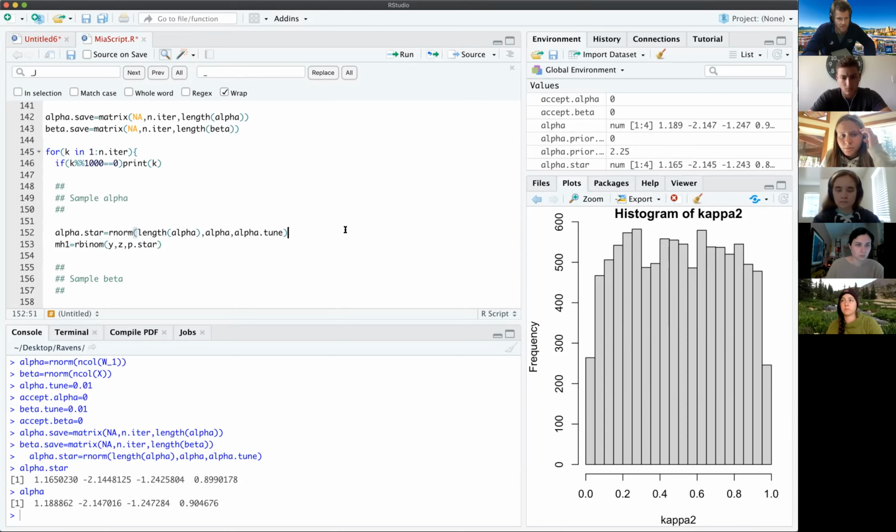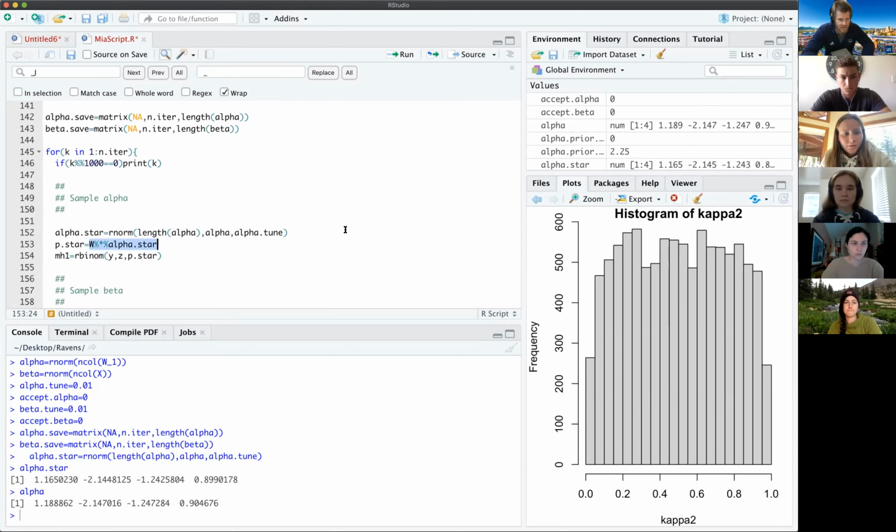So what do we need to do? Do you need to do a matrix multiplication between X and alpha star? Yep.